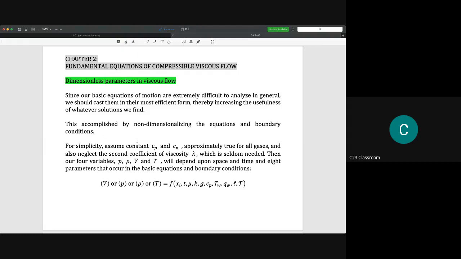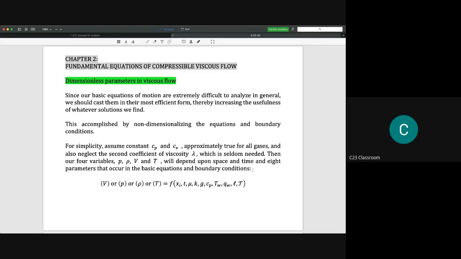For simplicity, assume constant Cp and Cv, approximately true for all gases, and also neglect the second coefficient of viscosity, lambda, which is seldom needed. Then our four variables P, rho, V, and T will depend upon space and time and 8 parameters that occur in the basic equation and boundary condition.